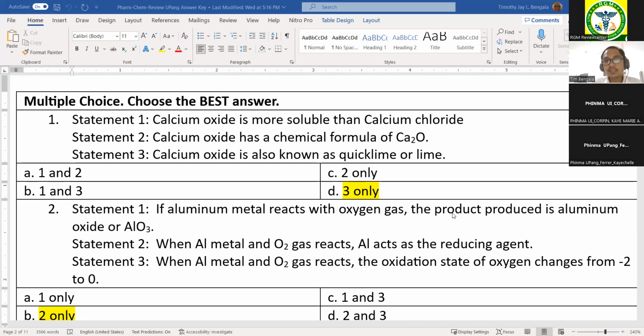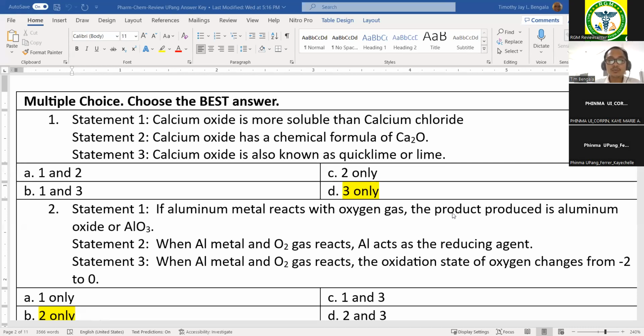Here, chloride is monovalent, with a charge of -1, while oxide is divalent, -2. We mentioned that you will have stronger interactions with higher charge, so you would expect them to be less soluble. That's why calcium oxide is actually less soluble than calcium chloride.